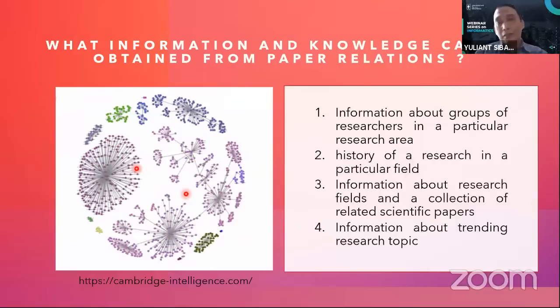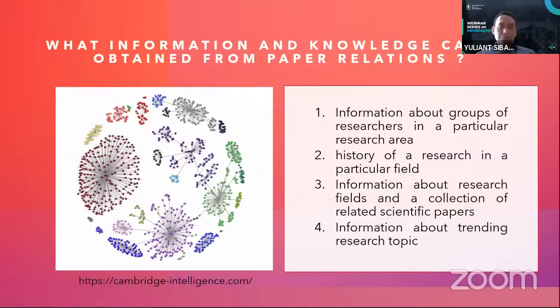For example, the first is information about groups of researchers in a particular research area. The second, history of research papers in a particular field. The third is information about a research field and a collection of related scientific papers.